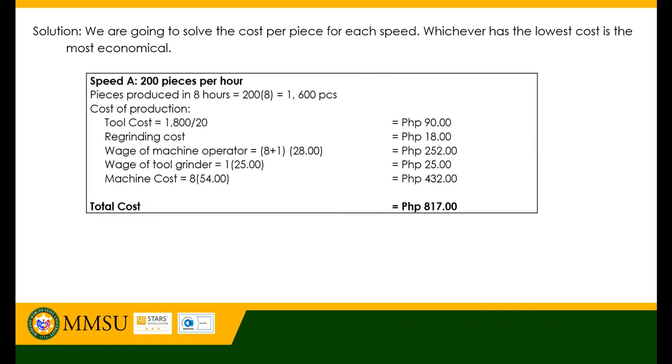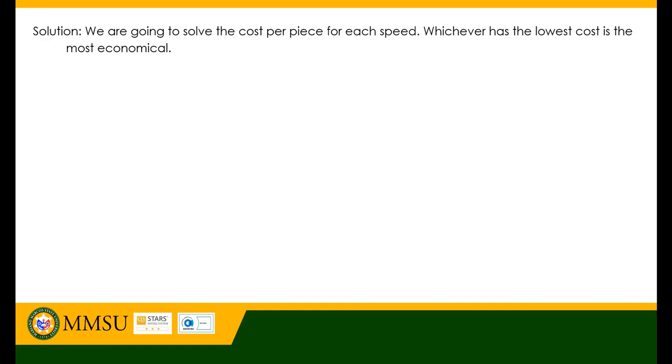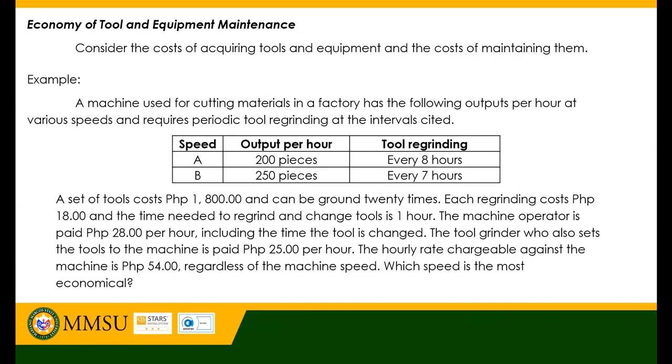So for speed A, 200 pieces per hour. So pieces produced in 8 hours is 1,600 pieces. Cost of production. So take note, balikan natin yung problem.